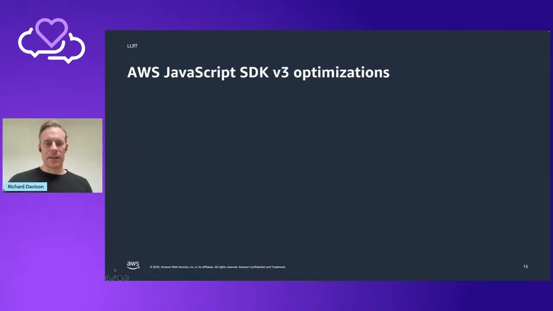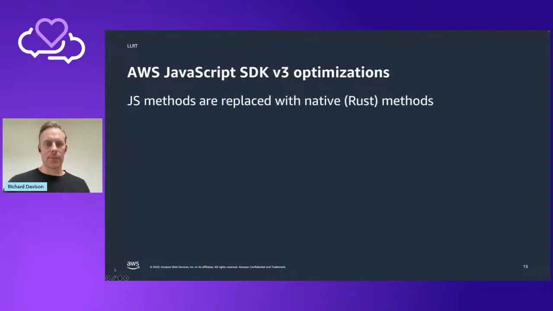Next we have the JavaScript SDK v3 optimizations that I have applied. So, like I mentioned before, all JavaScript methods that I can have been replaced with native Rust methods. This means things like hashing, XML parsing, network calls, etc., are all happening in Rust.